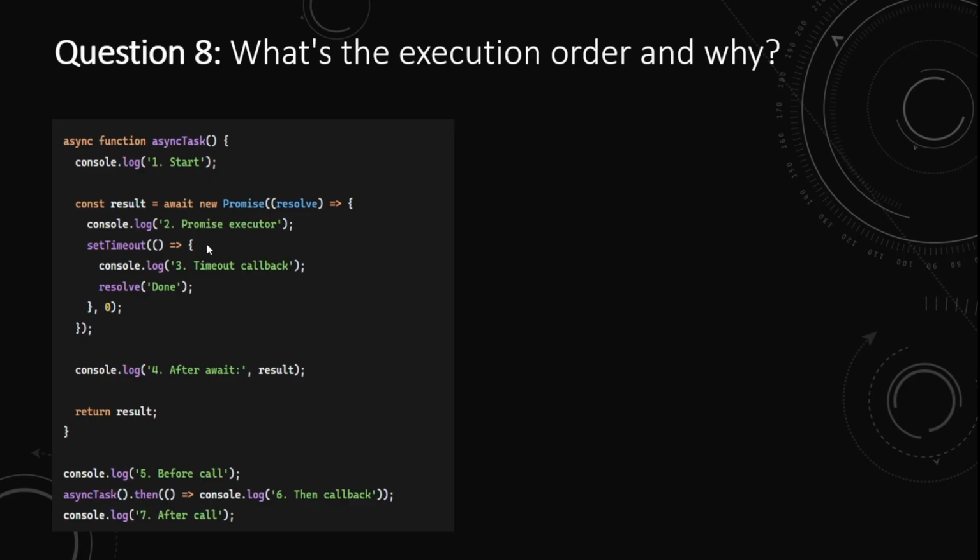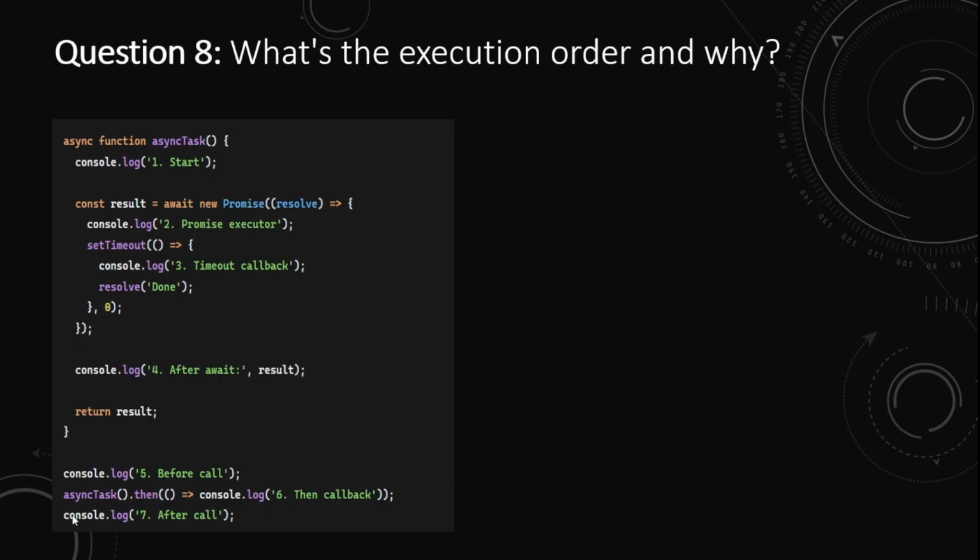Hence, after the second console log, the await pauses the function execution and returns control to the caller of this async task function. So the caller returns back to the main flow.